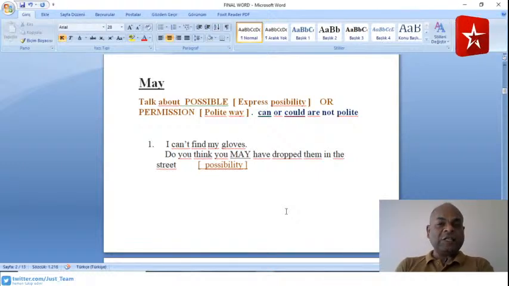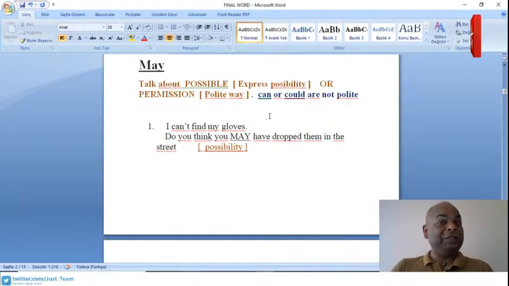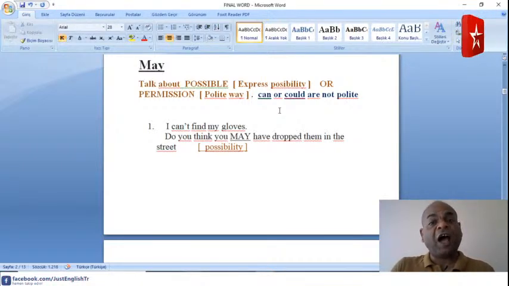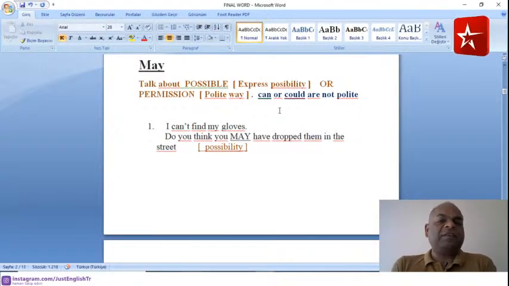May expresses a possibility, or a permission, in a very polite way. Now, just remember, my darling students, you're not supposed to use, for example, can or could. You can use that, but it's not polite.